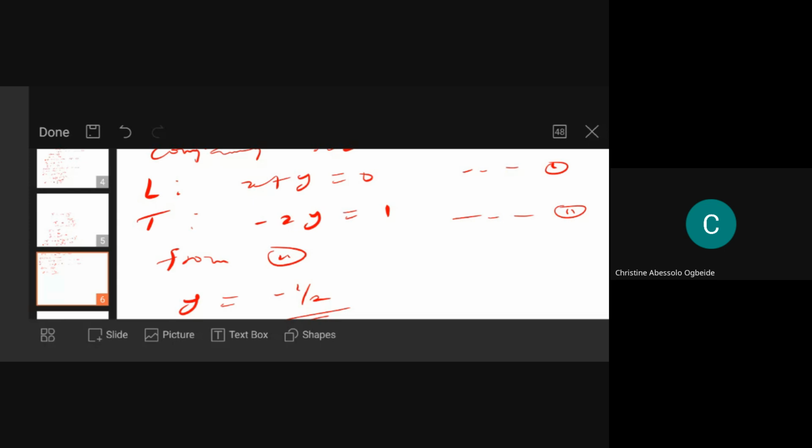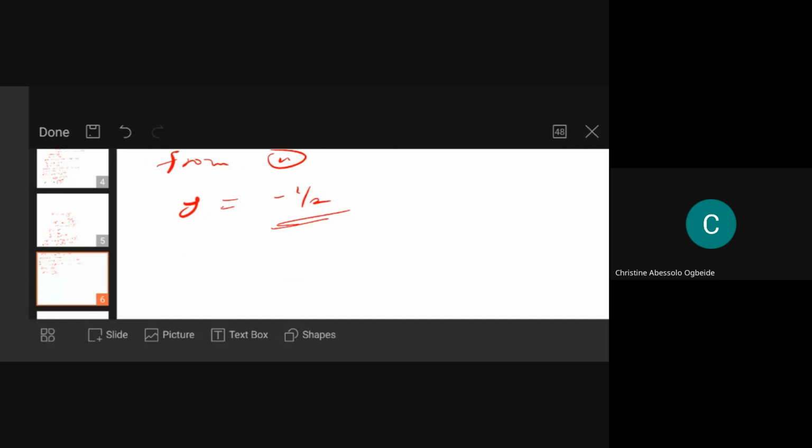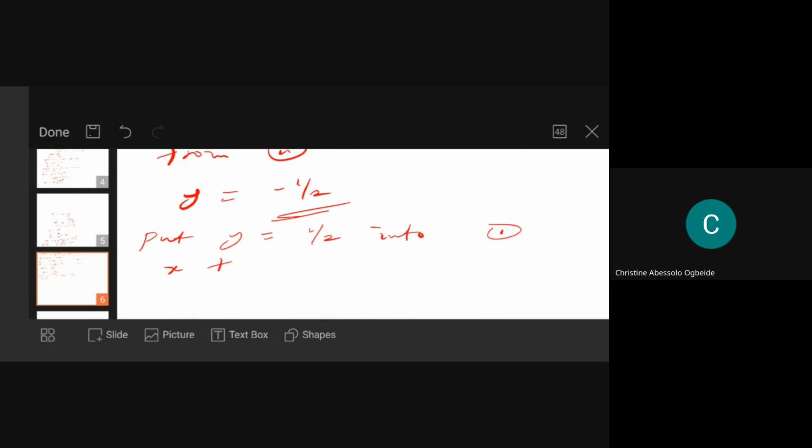And having found the value of Y, I can put it back into equation 1 to find X. So if I put Y equals minus half into equation 1, equation 1 says that X plus Y, so X plus minus half, equals 0. Which means X minus half equals 0. So clearly X becomes 1 over 2. So X is equally half.